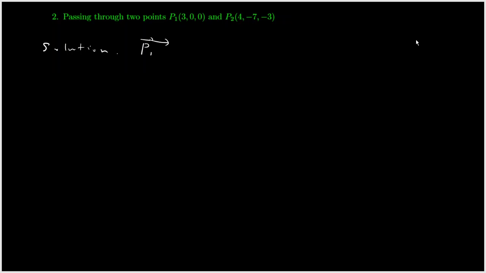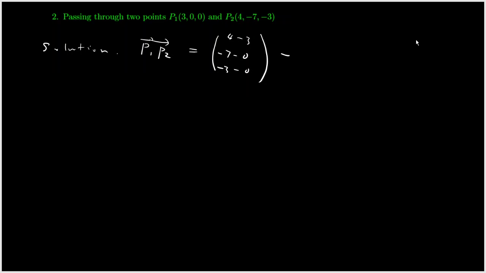Now we're computing the vector P1P2 in terms of 3 components. This one is super easy to compute. The first component comes from 4 minus 3. The second component comes from negative 7 minus 0. The third component is negative 3 minus 0. You'll have a formula for computing the components of a vector if you know the initial and terminal points.